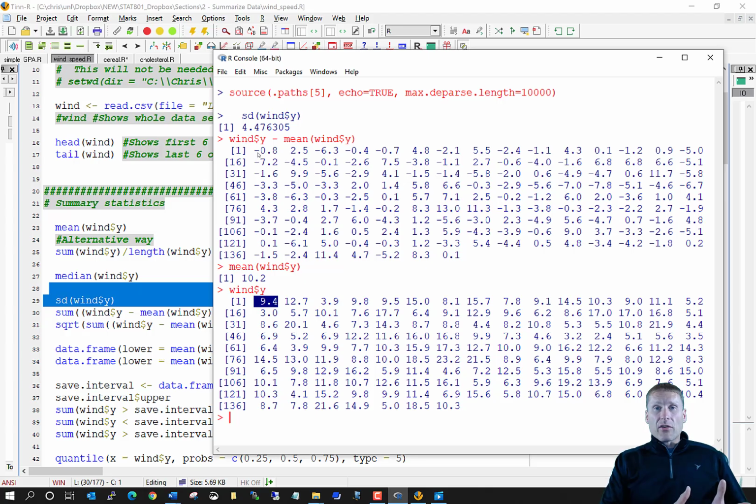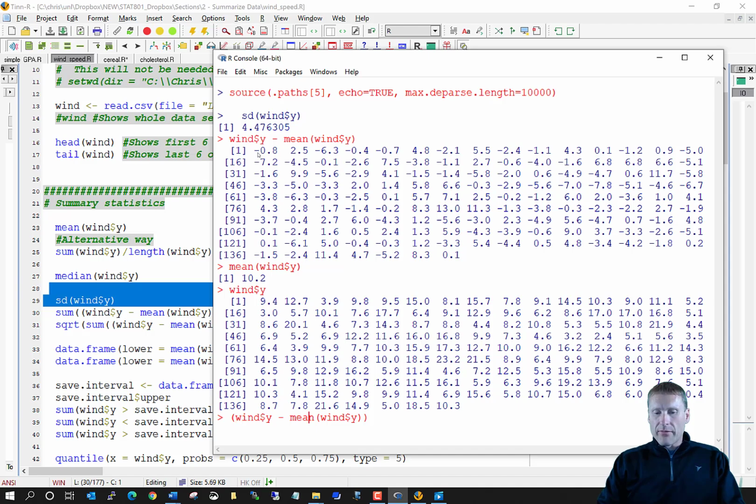Y here has 142 values in it, and the mean of y has just one value in it. The way that R behaves, it takes every single one of those 142 values and subtracts off the mean.